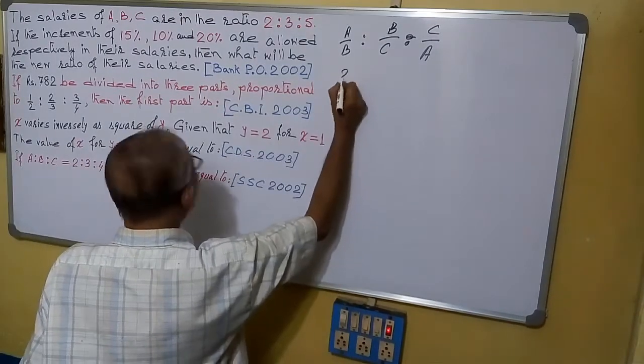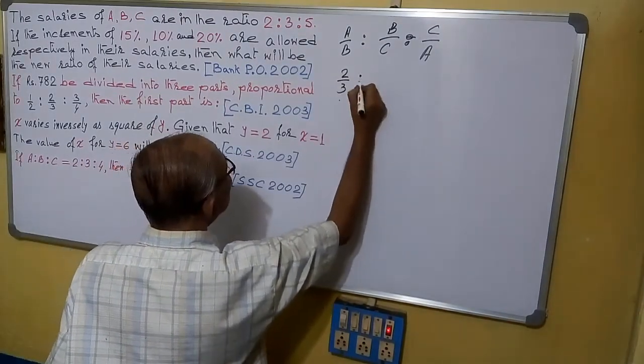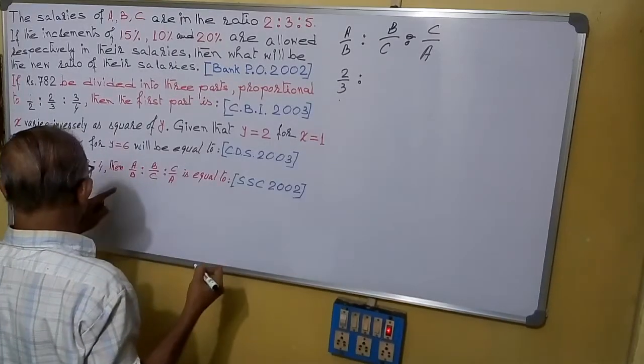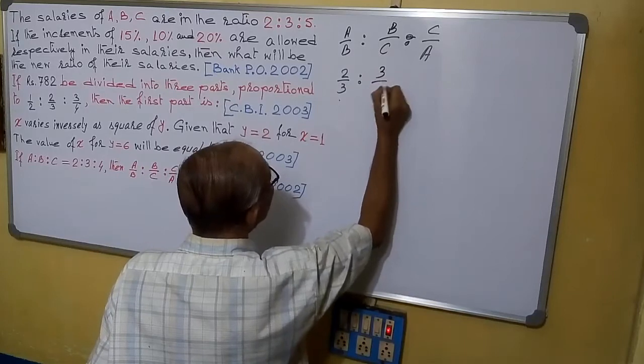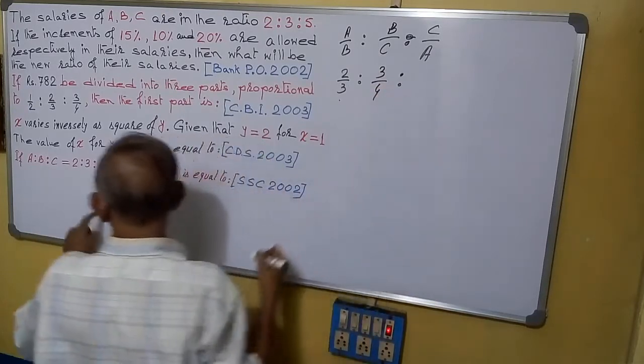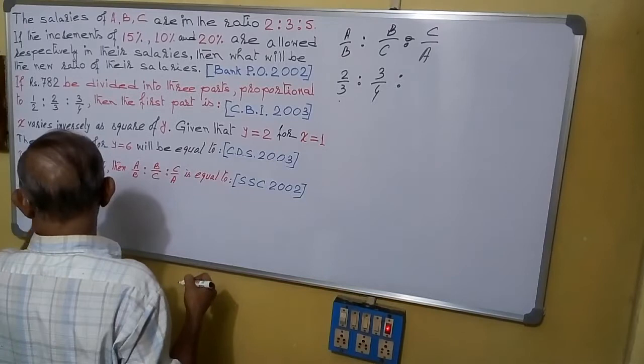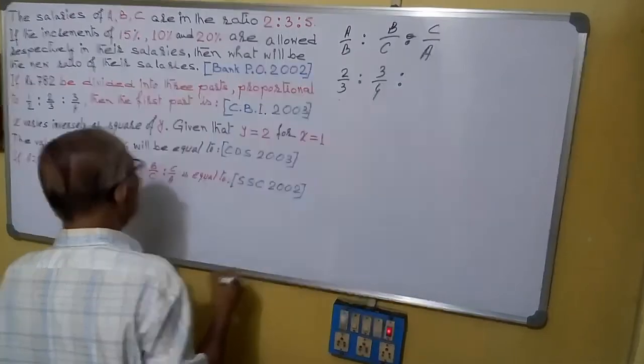So A by B is 2 by 3, is to B by C, which is 3 by 4, is to C by A, which is 4 by 2.